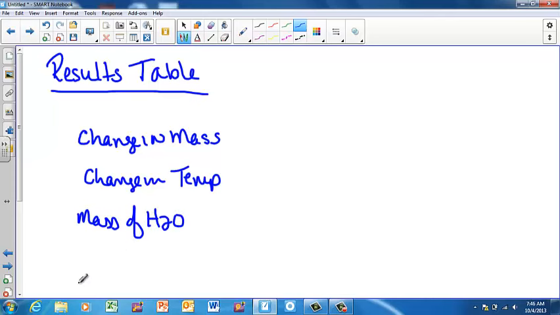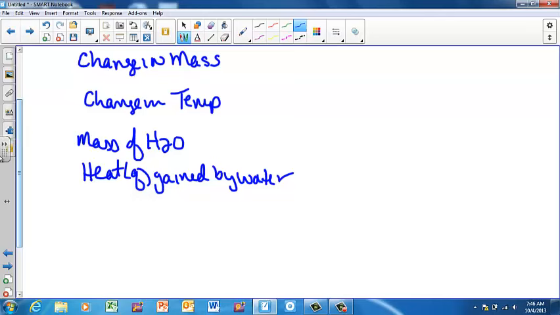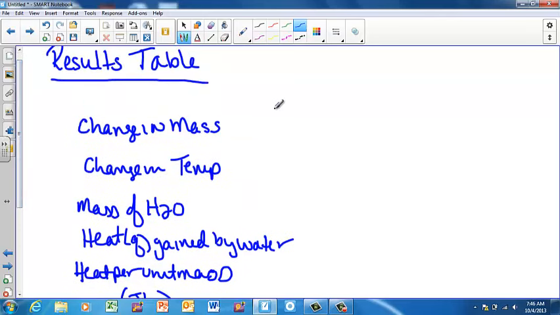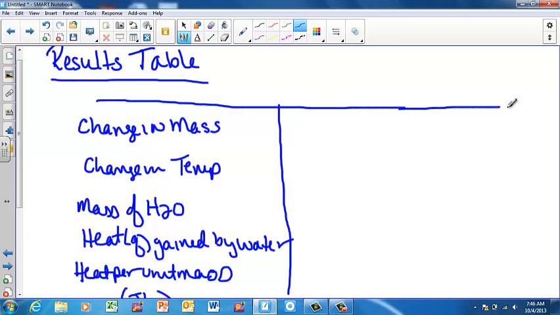You have change in mass, you have change in temperature, you have the mass of the water, which remember is going to be exactly the same for all of them. You also have the heat, or Q, gained by the water. And lastly, you're going to have heat per unit mass, which, if you remember correctly, is going to be joules per gram.